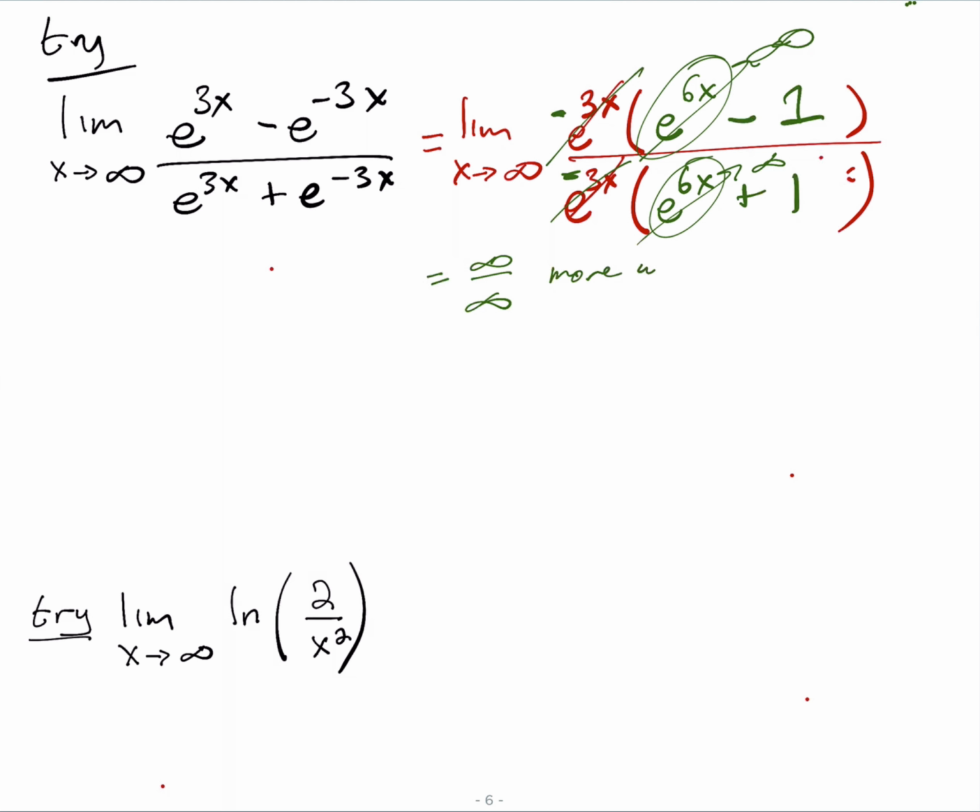More work. So it was really just a fluke. I didn't know which one was going to work. You guys suggested it, I think, and so we just went with it. If we had started with factoring out e to the minus 3x, we would have gone nowhere. But it is still salvageable.